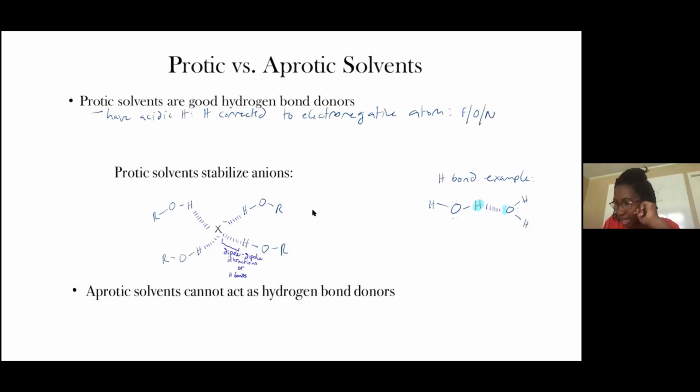When I say that something is a hydrogen bond donor, I mean that it gives a hydrogen in a hydrogen bond. You might remember hydrogen bonding from Chem 2070 as a very important interaction between atoms and molecules.